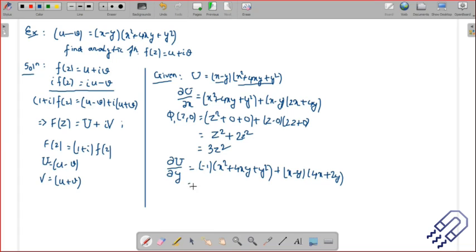Let's do it now fast. Minus 1, this is phi 2 of z, 0, so this is z square plus 0 plus 0 plus x is z minus 0 into 4z plus 0, right?